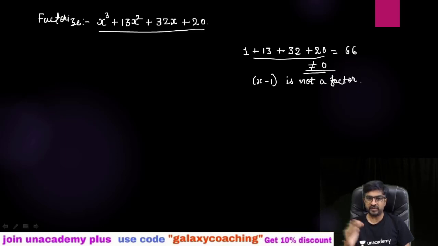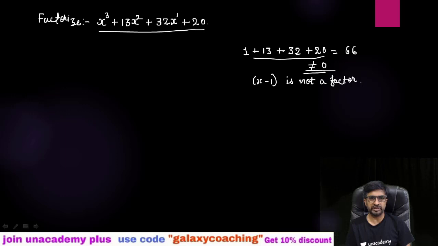Now if x minus 1 is not a factor, you need to move on to the other condition: whether x plus 1 is a factor or not. How can we check that? Just take the coefficients of odd power variables. Here the odd powers are 3 and 1.